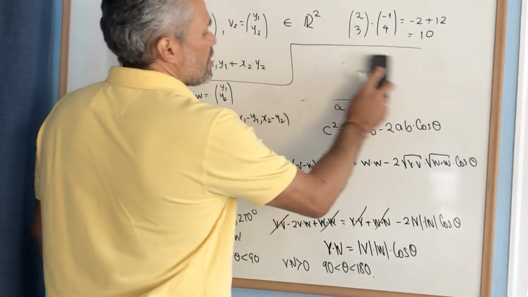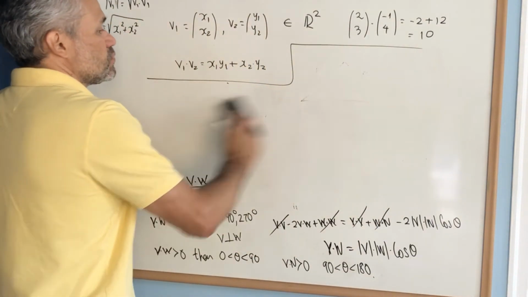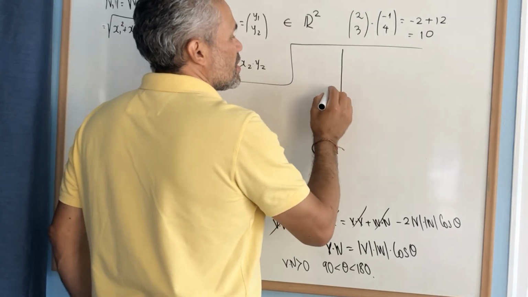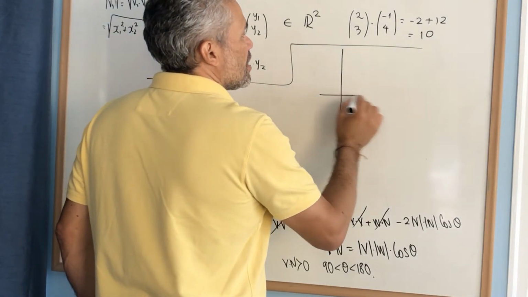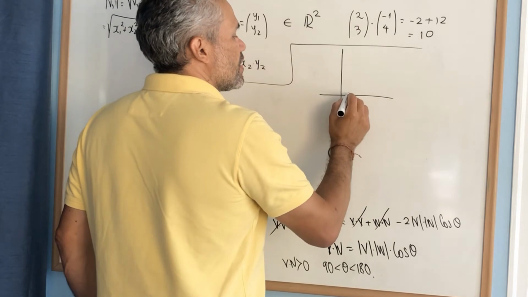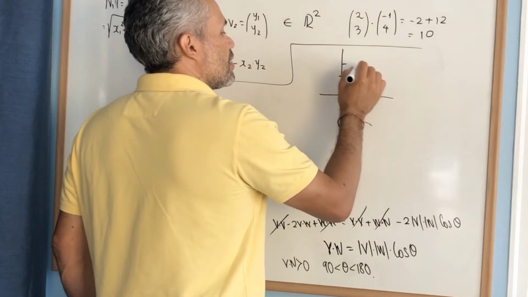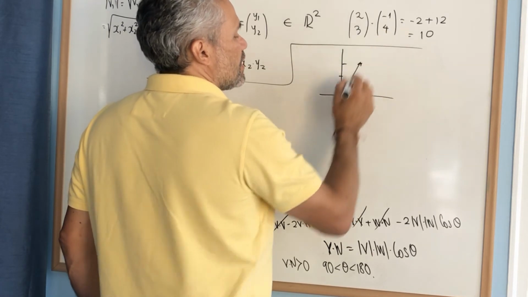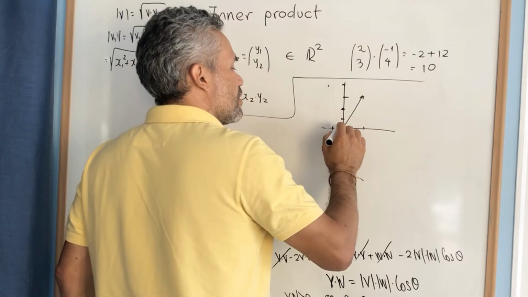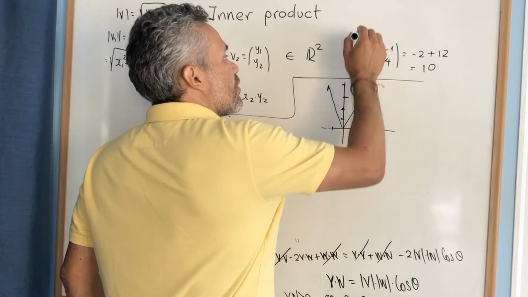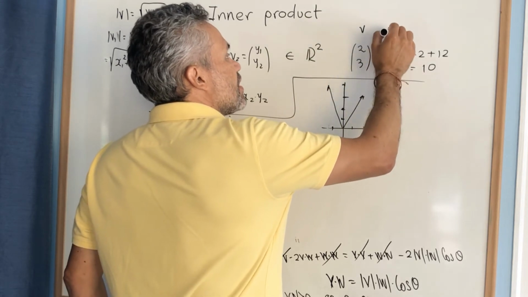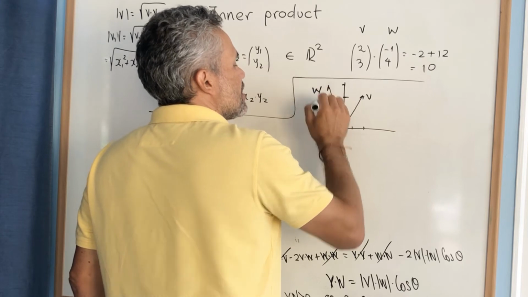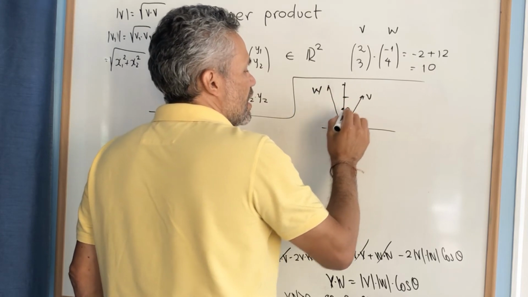Let's do an example. If we consider these two vectors, (2, 3) and (-1, 4), we call the first the vector v and the second the vector w. Then we can compute the angle between them.